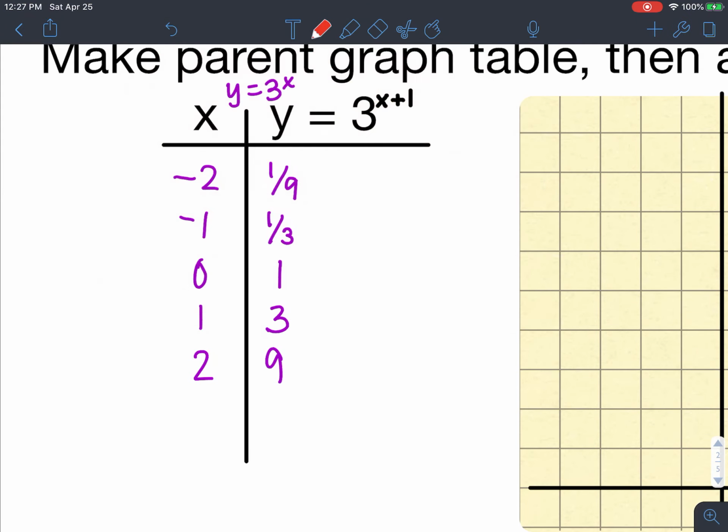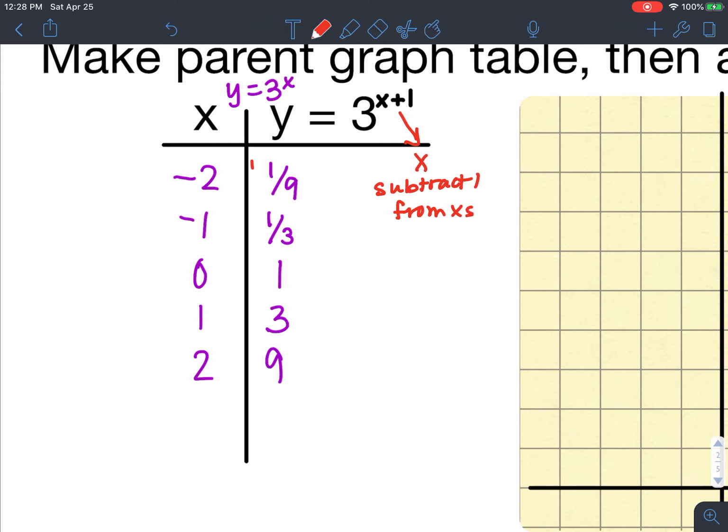Now, if you remember from our transformation rules, this is a change to x, but whatever happens to x happens backwards. So if it says +1, we know that really means we're going to subtract 1 from all of our x's. However, that's going to be logistically difficult just because the x is already on the left and it already has this line in the way.